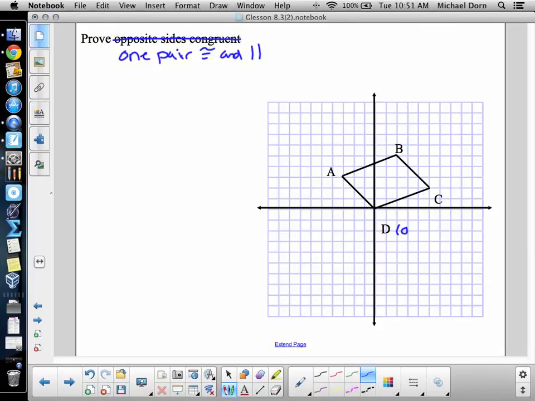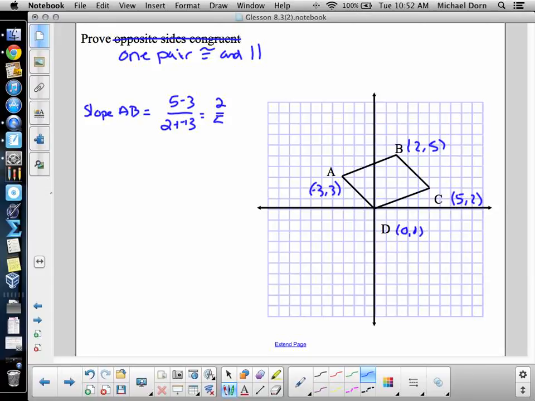So again, (0, 0), (5, 2), (2, 5), (-3, 3). And you can pick either pair. Let's pick AB and CD. So slope of AB, we've already done this. y minus y, 5 minus 3, over x minus x, 2 minus negative 3.